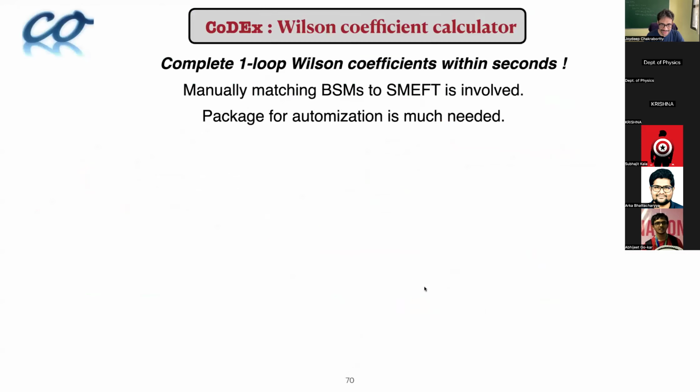That's the attempt. We have developed a program based on this covariant derivative expansion, which computes the one-loop Wilson coefficients for any kind of extension of the standard model. It mostly works for scalars, and now it also works for some of the fermion theories as well.